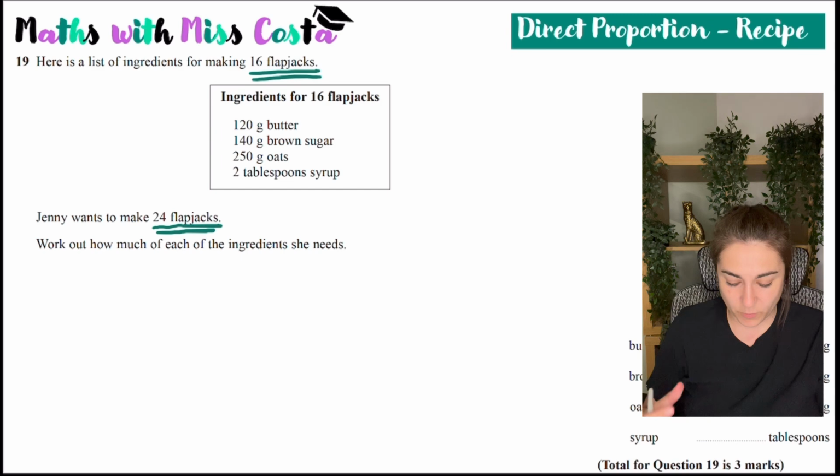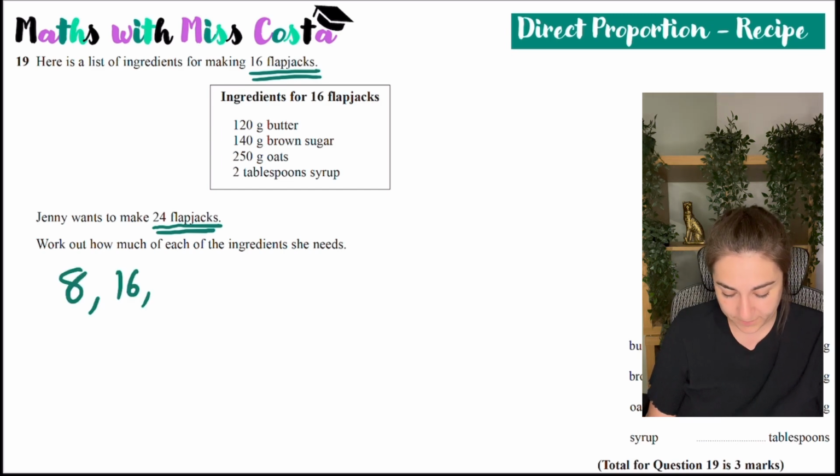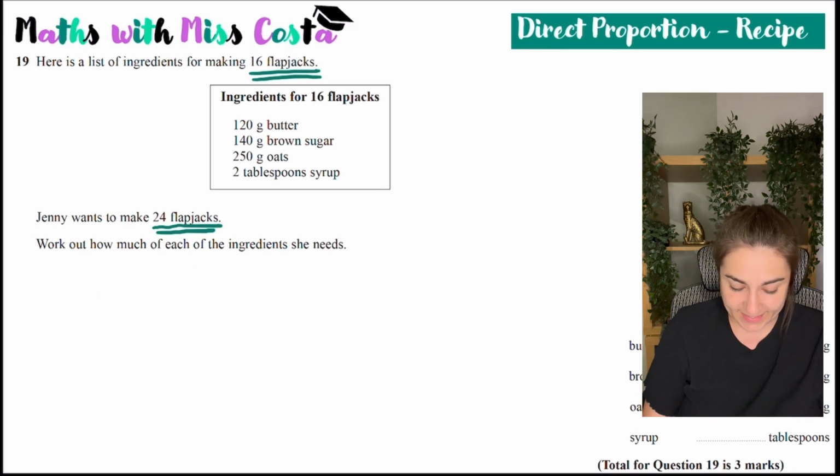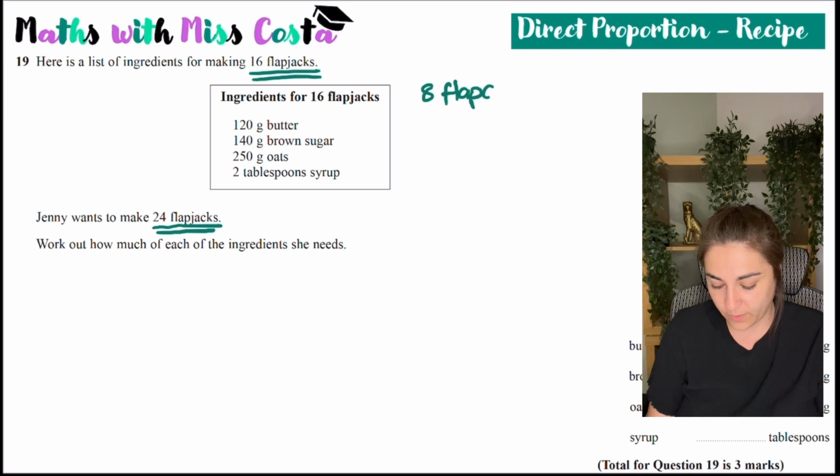So I'm always going to try and look for the highest common factor. So I know I've got 8, 16, and 24. So if I just halved 16, then I could figure out what the ingredients needed for 8 flapjacks would be.